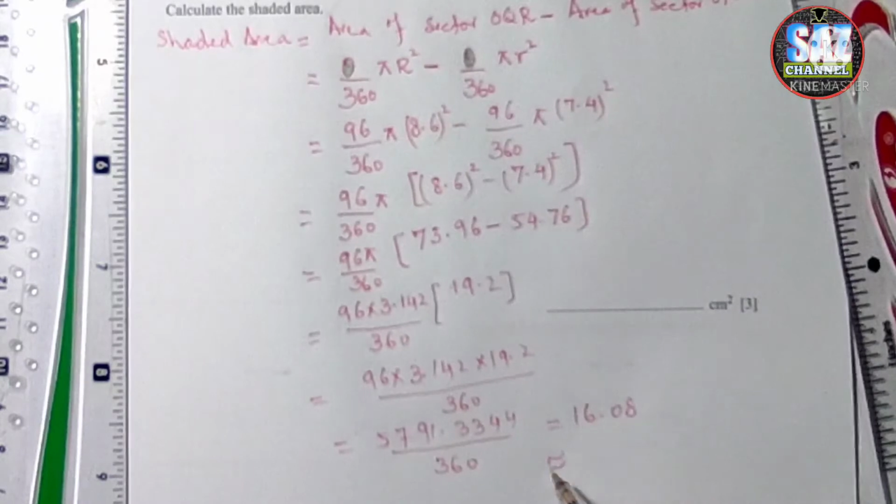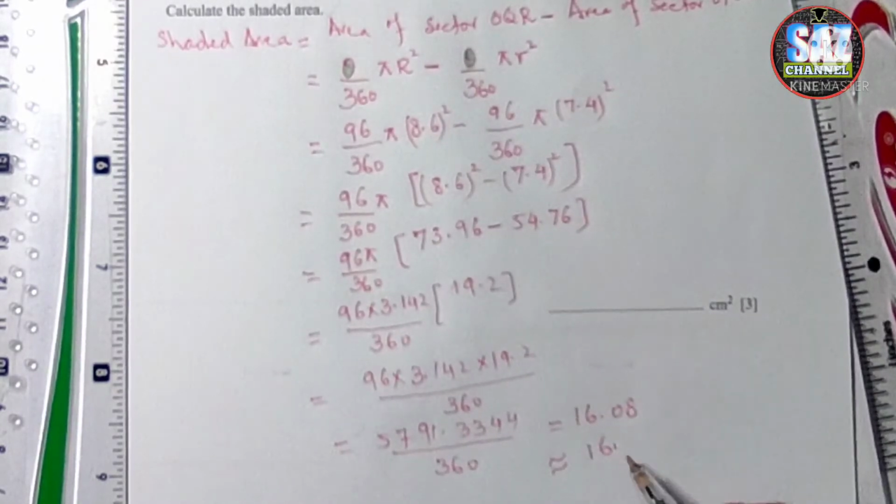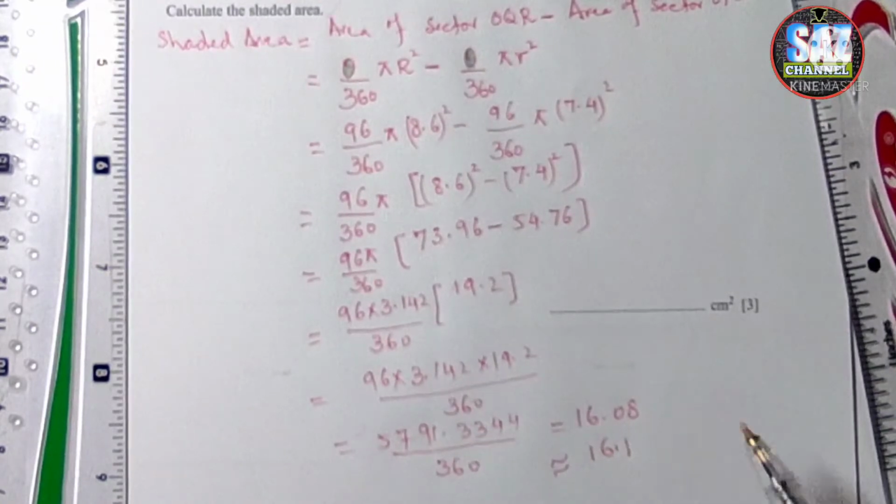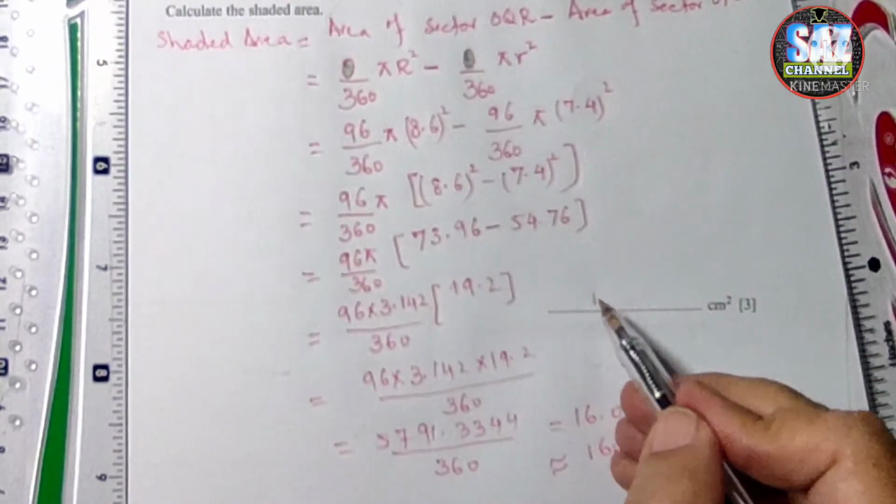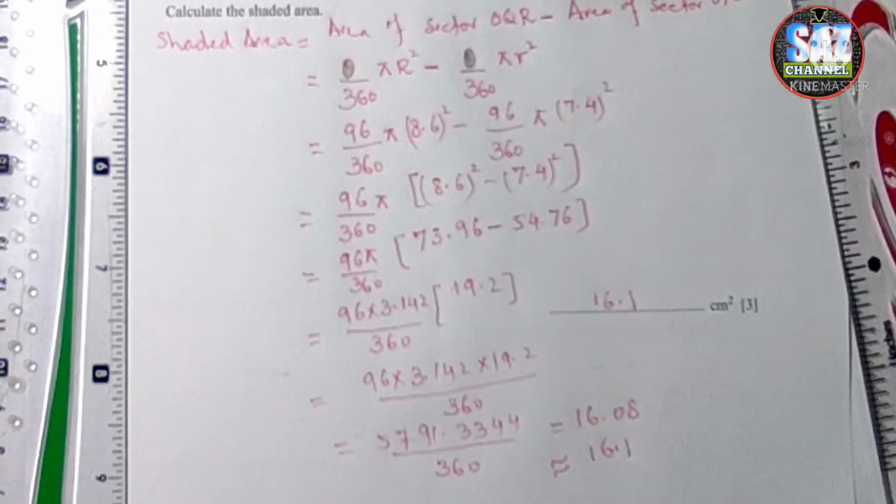I have to give my answer to three significant figures, so it will be 16.1. So the shaded area will be 16.1 unit square.